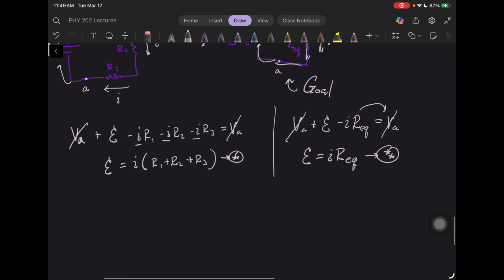And so if we look at these two equations, we have E is equal to I times (R1 plus R2 plus R3), and E is equal to I REQ. And so we can make the argument that REQ is the sum of the individual resistances. That's 3 resistors in series.